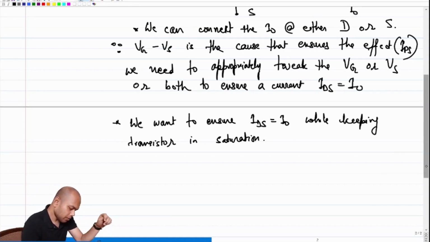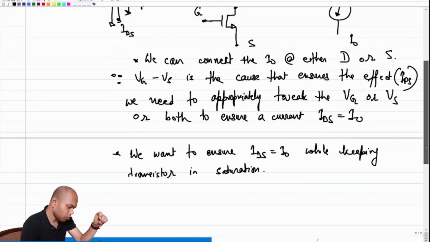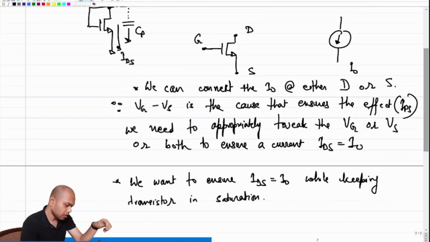Okay. So we established that there are two ways of connecting the current source. We can connect the current source at the drain, or at the source of the transistor. Then, what are the ways of tweaking the gate to source voltage? We can either independently tweak the gate voltage, or independently tweak the source voltage, or do a combination of both.